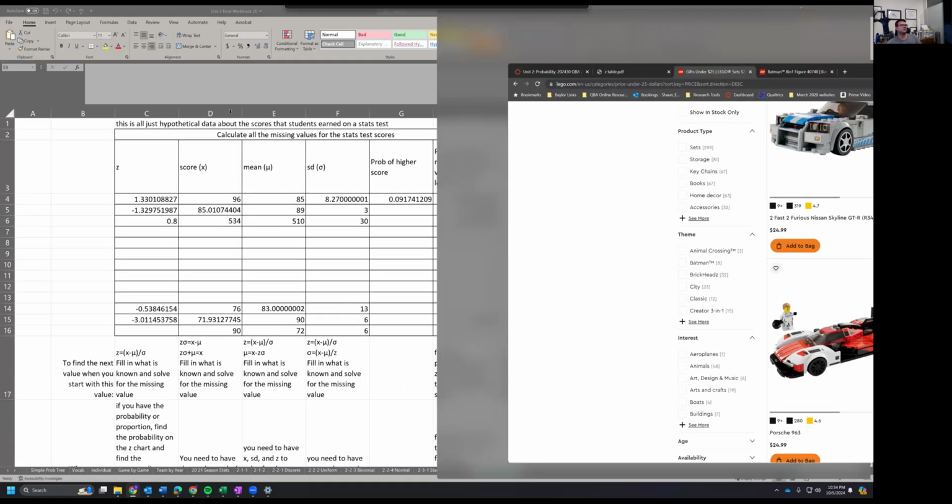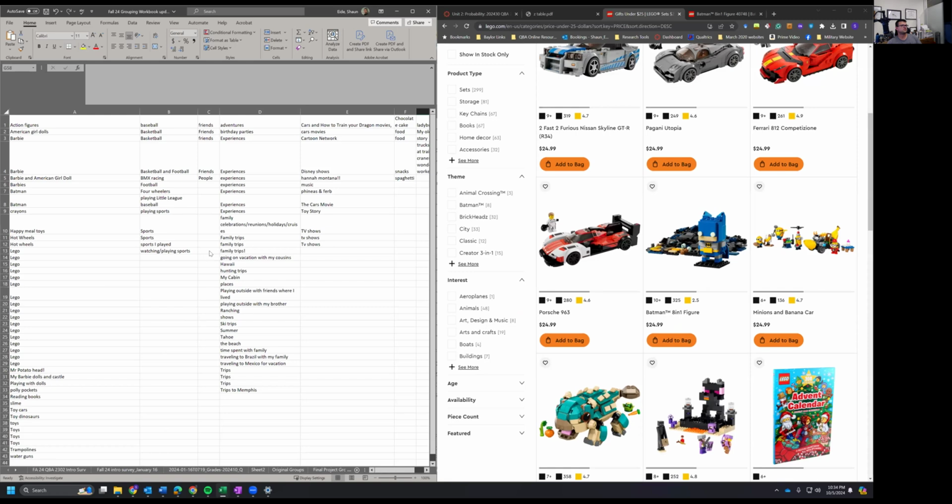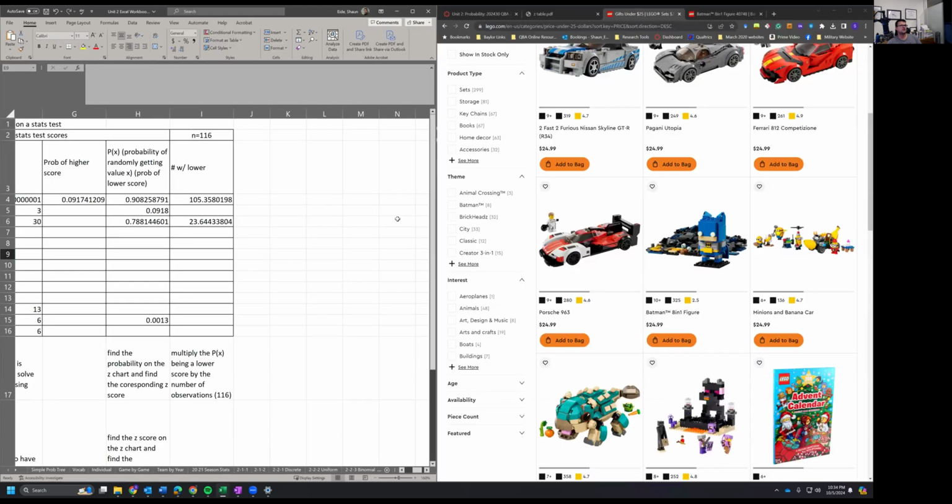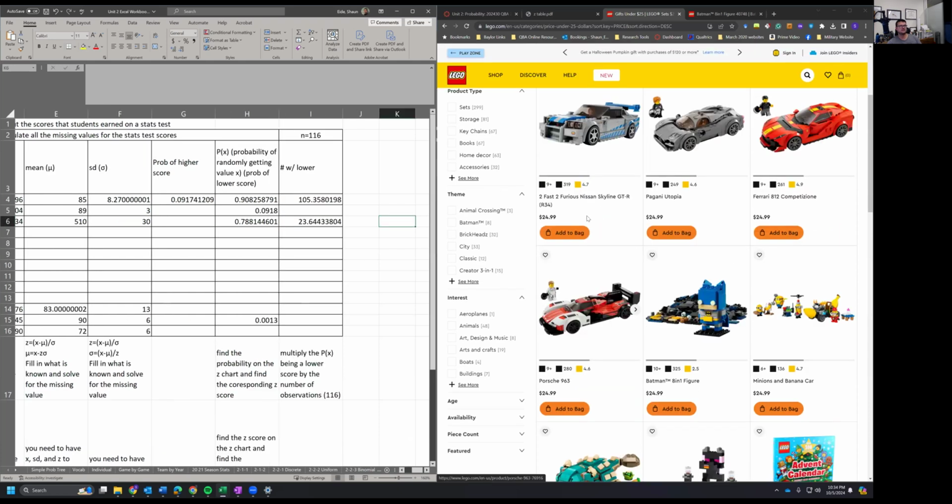We want to know, are we pricing Lego sets according to the number of pieces that they have? Are we pricing them at the right amount? Okay, so we've got one that's got 319.